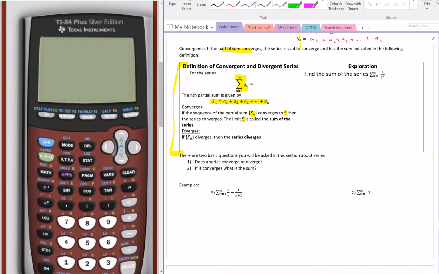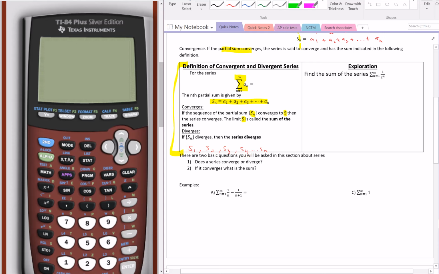The idea is, if you do the partial sums, you're going to have S1, S2, S3, S4, Sn. You're going to have a list of numbers: the sum of the first term, the sum of the first two terms, the sum of the first three terms, the sum of the first four terms.